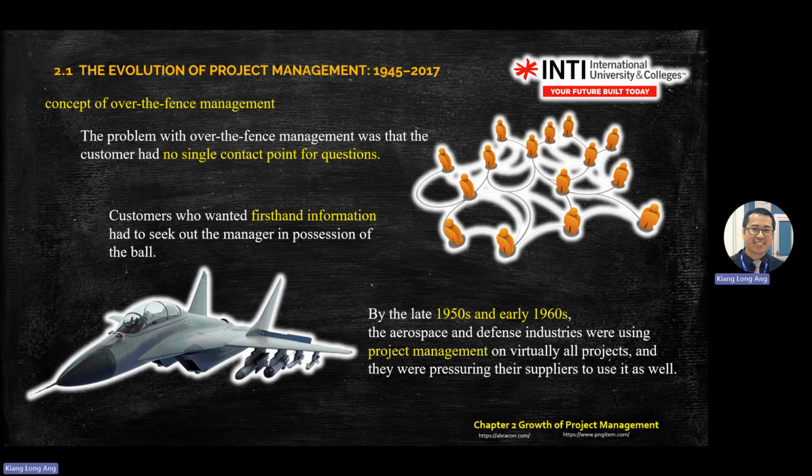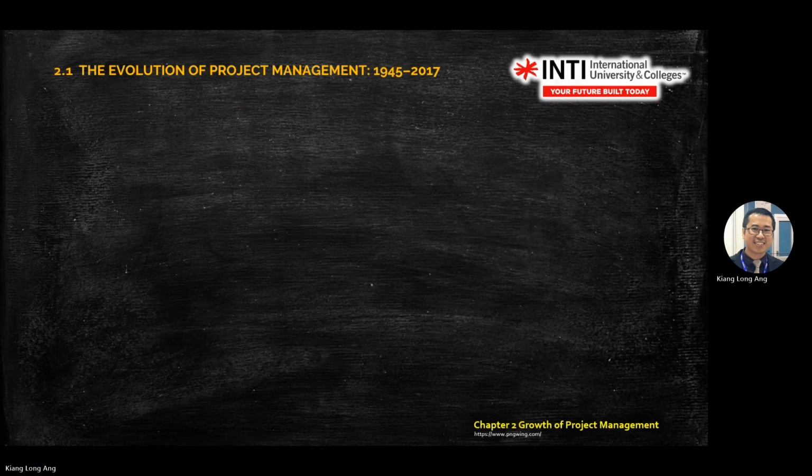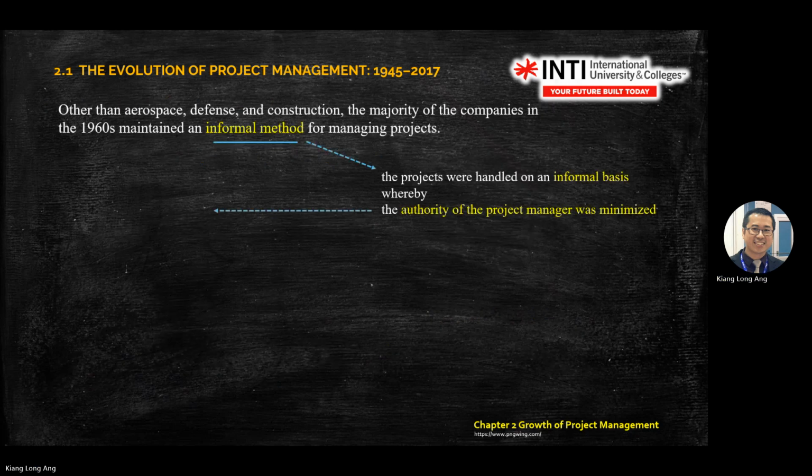Because over the fence doesn't work, they created a management method called project management to oversee things. So the 1940s was throw over the fence. Then it goes into project management.